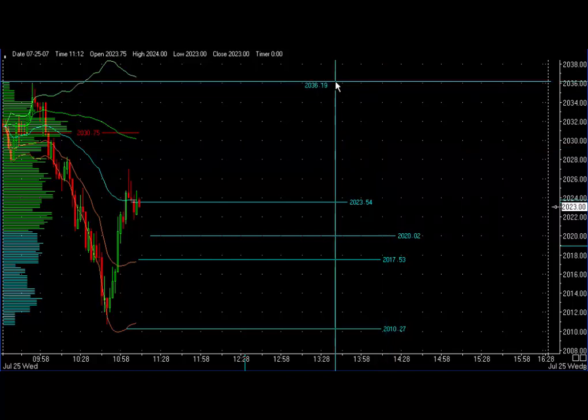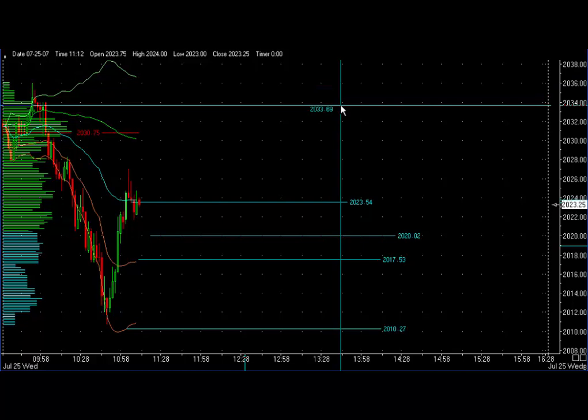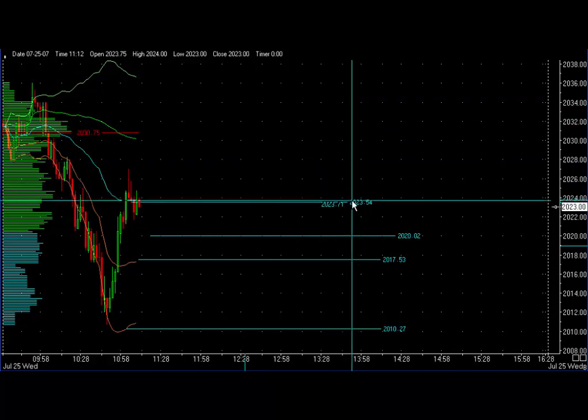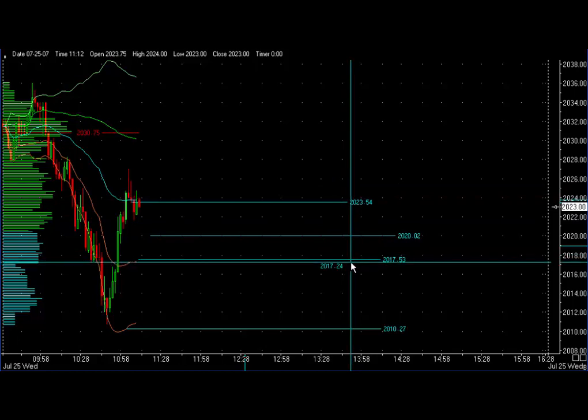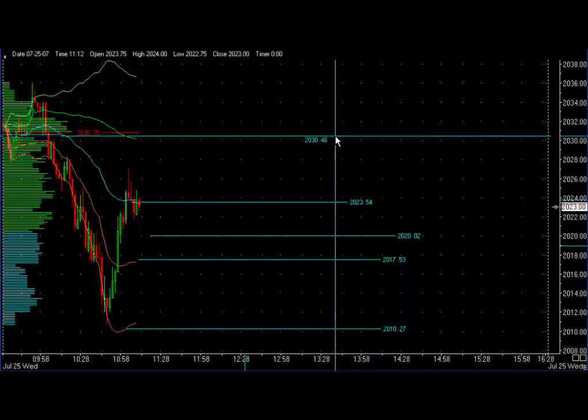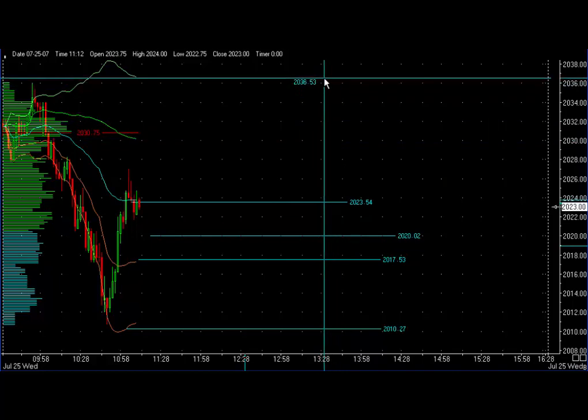At the moment we have, in addition to the peak volume price, the VWAP, the first standard deviation, and the second standard deviation. So that's 1, 2, 3, 4, and then there's these standard deviations here, 5, and second standard deviation here, which is 6.